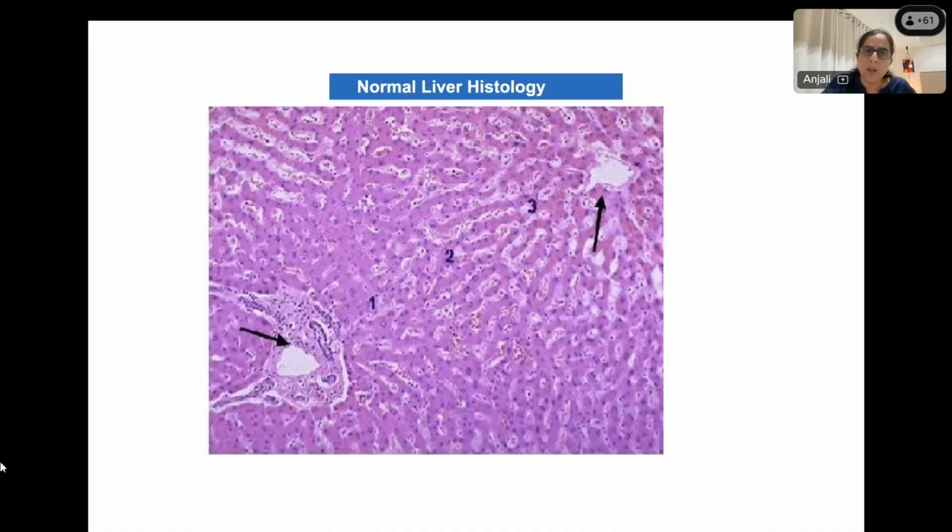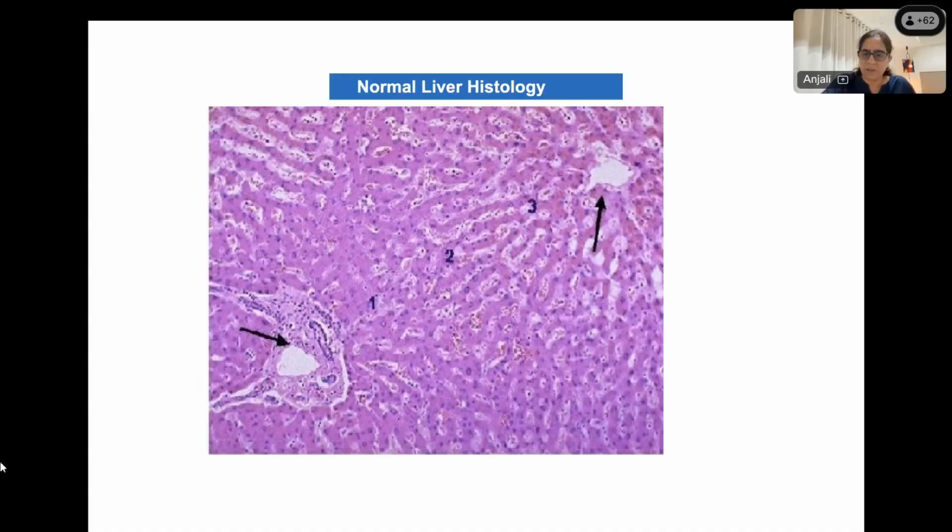This is zone 1, which is the portal or periportal area, also called the portal triad. Then zone 3 is the hepatic venule or terminal venule, and zone 2 is in between 1 and 3, which consists of only hepatocytes. So you have cords of hepatocytes, which are separated by sinusoids, which sometimes contain RBCs.